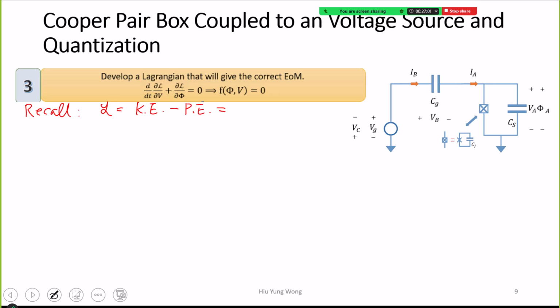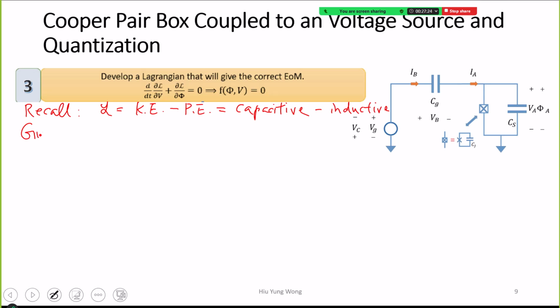But we guess that this is just equal to the capacitive energy, because we learned earlier the capacitive energy is associated with the kinetic energy, right? Minus the inductive energy. Okay? This is just recalling what we learned earlier, in other circuits.